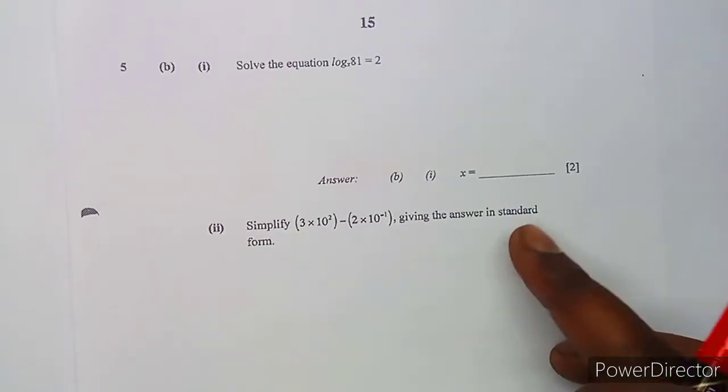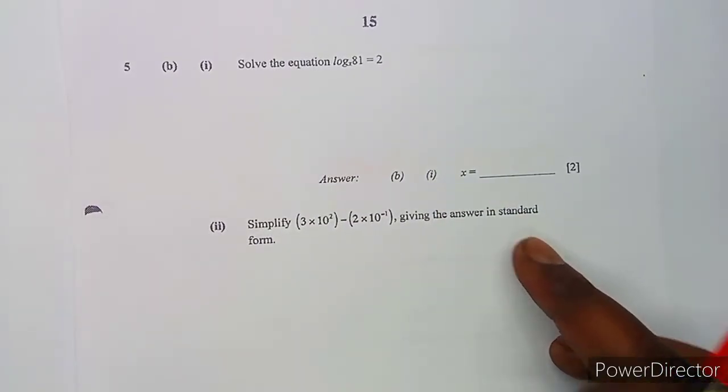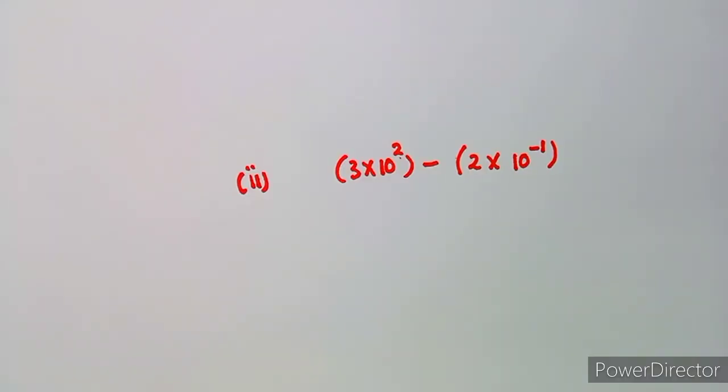Yes, our answer is required in standard form, but it is best to do conversions, because we all understand how to add or subtract in ordinary form. That one we are used to.